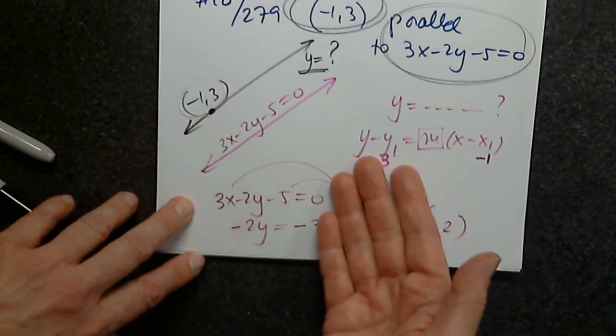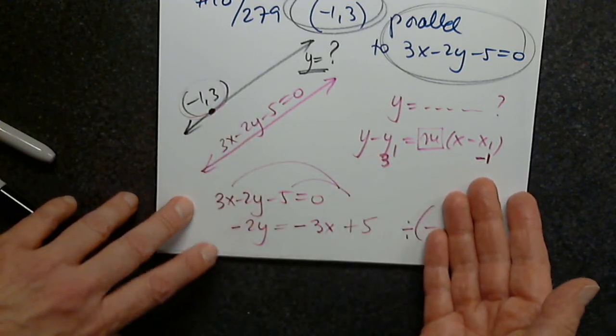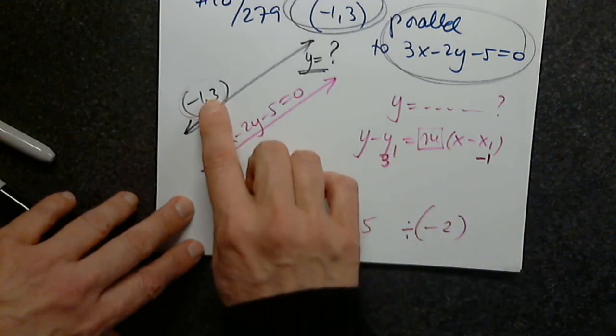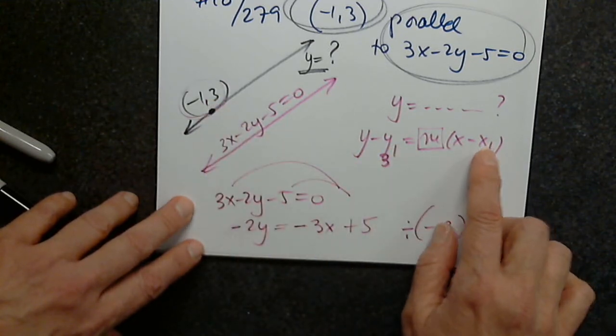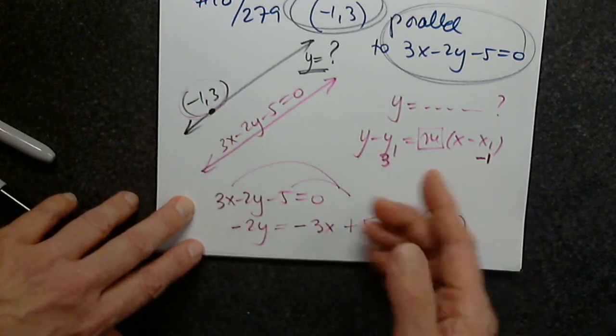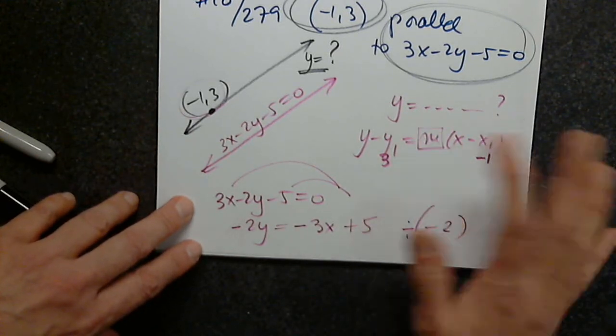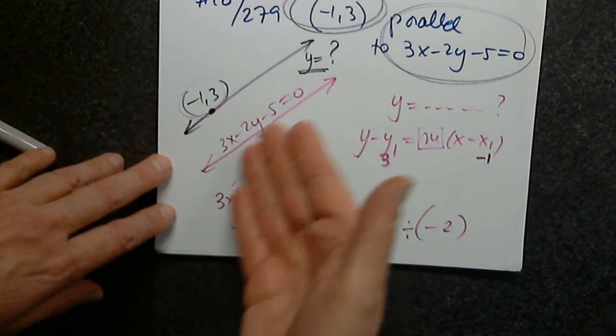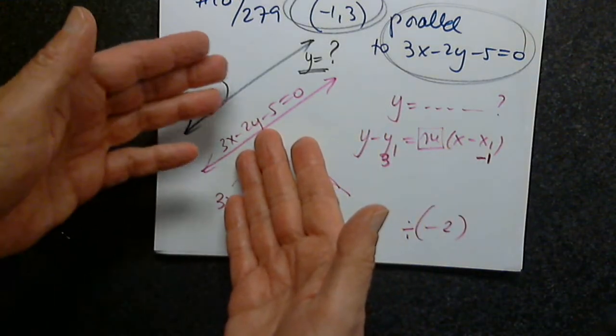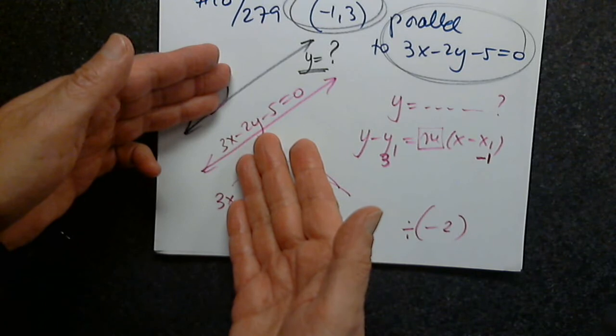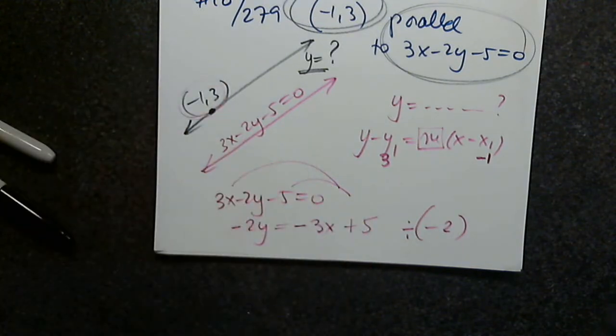So I already wrote the point-slope form, and under y1 I wrote 3, and under x1 I wrote -1. And I realize that I'm missing this piece. So how do I determine it? My only chance is to find the slope of the red line, because it will equal the slope of the line I don't have. Does it make sense?